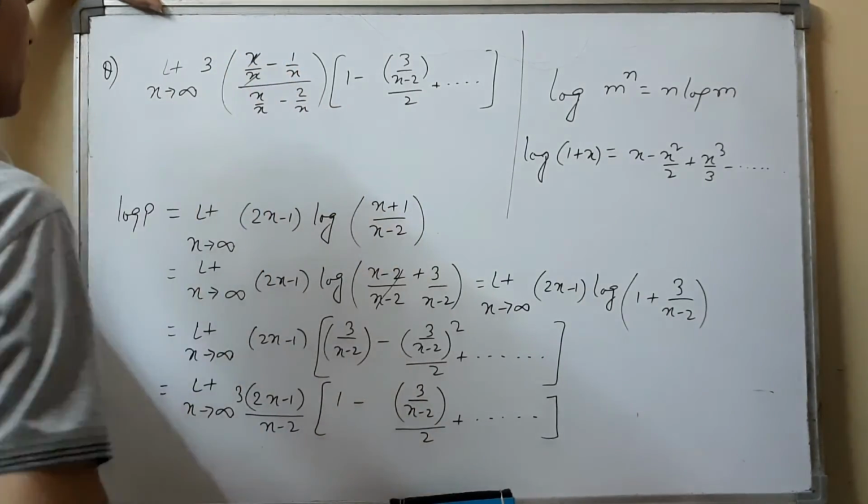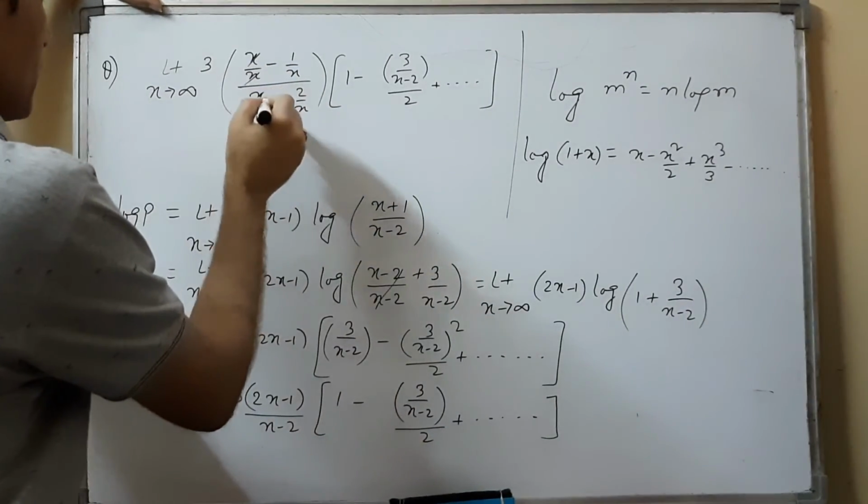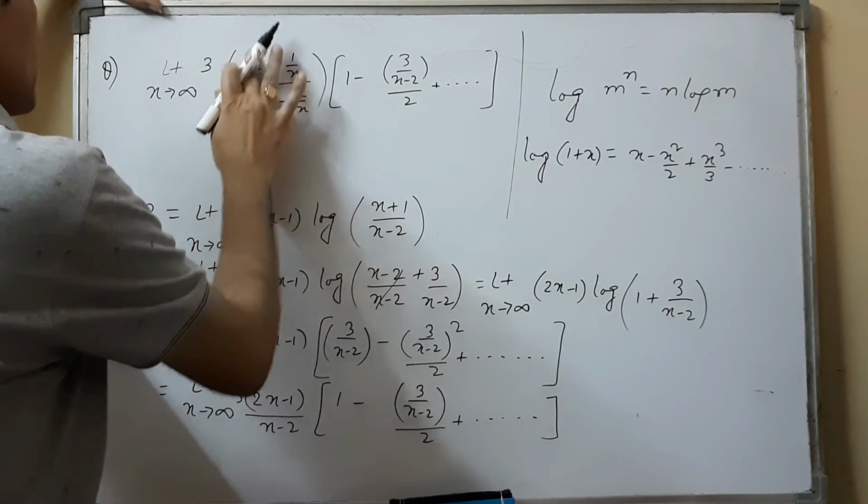This thing cancels out, it becomes 1, this also becomes 1. So in place of this we can write 1.